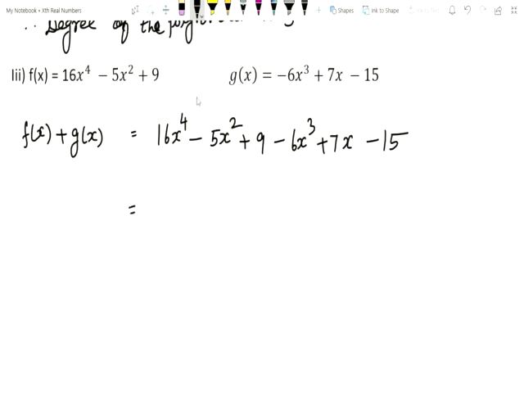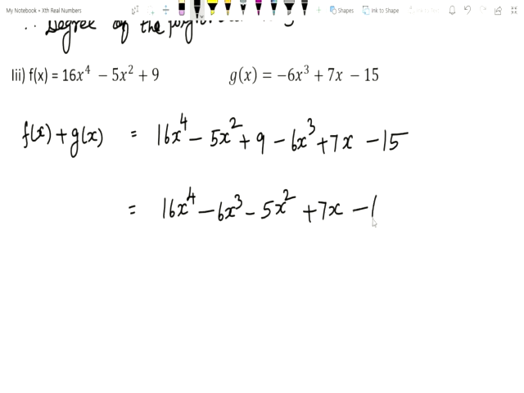See here, the powers are 4, 2, 3, 1, and the constant term has 0 power. So we write it in order. First 16x power 4, the highest, next x cube. Here only one x cube is there, so you write it as it is. Next x square, only one, so minus 5x square plus 7x plus 9 minus 15.